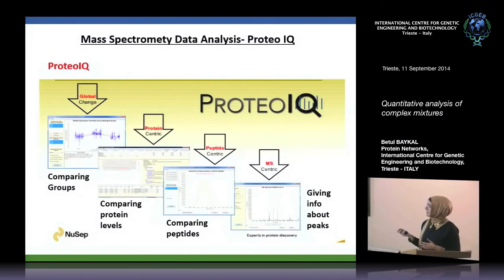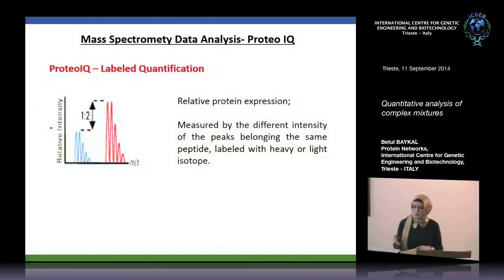For example, it can be peak dependent, giving info about the peaks. You can compare the peptides, what happened to the peptides at the level, or if they're having any PTMs, etc. And you can compare the protein levels, and you can compare the groups. So since I started with SILAC, the quantification was going to depend on label quantification.